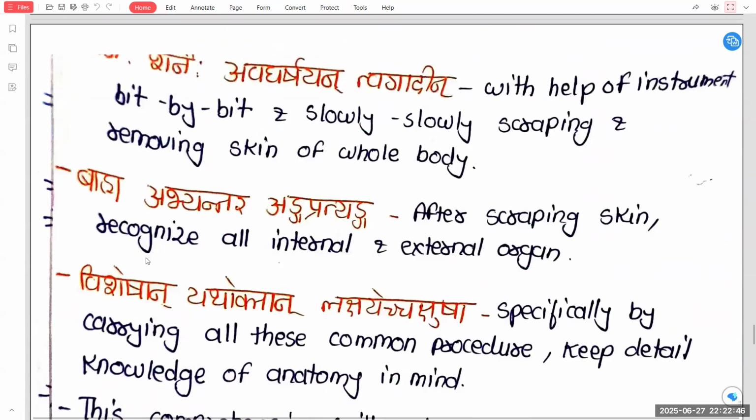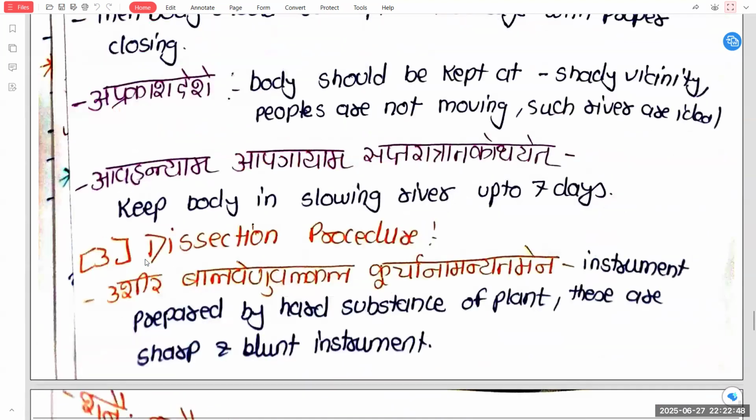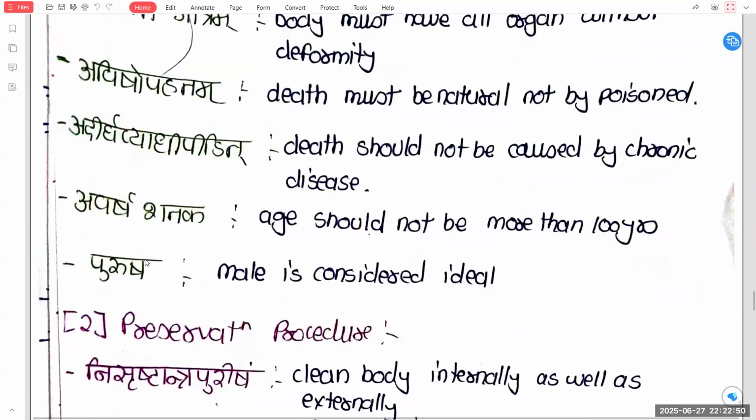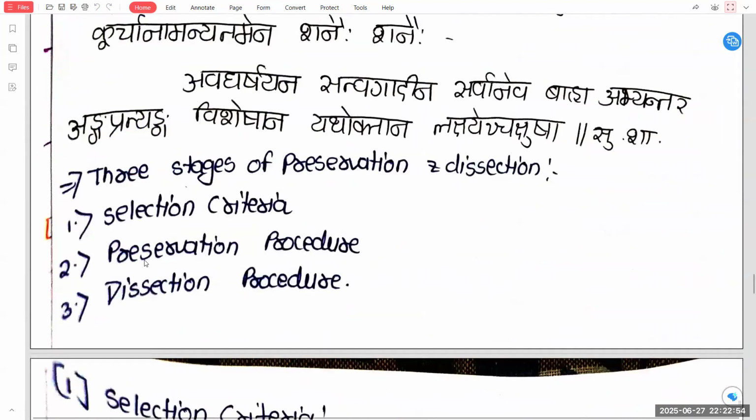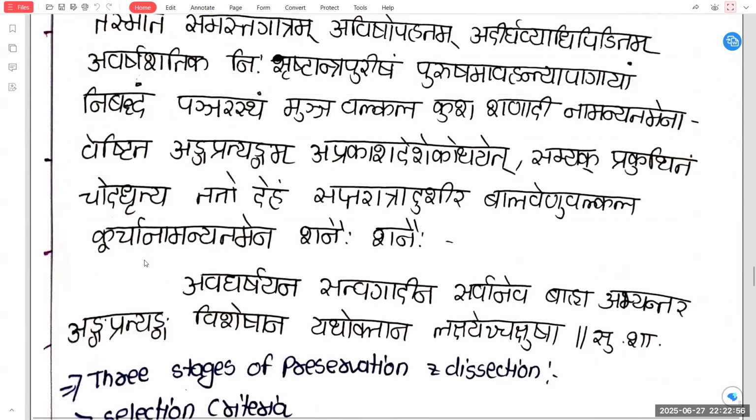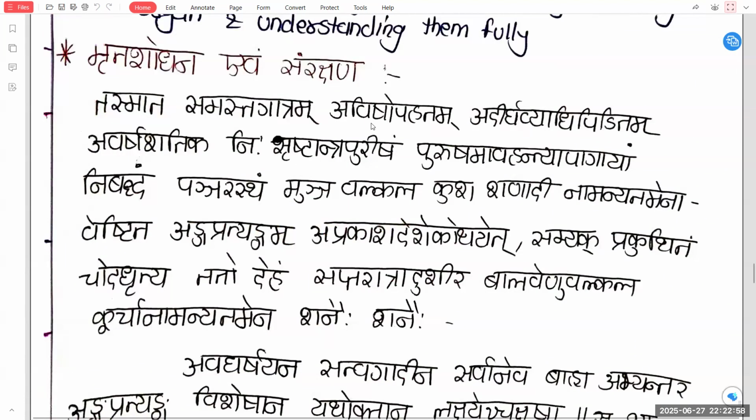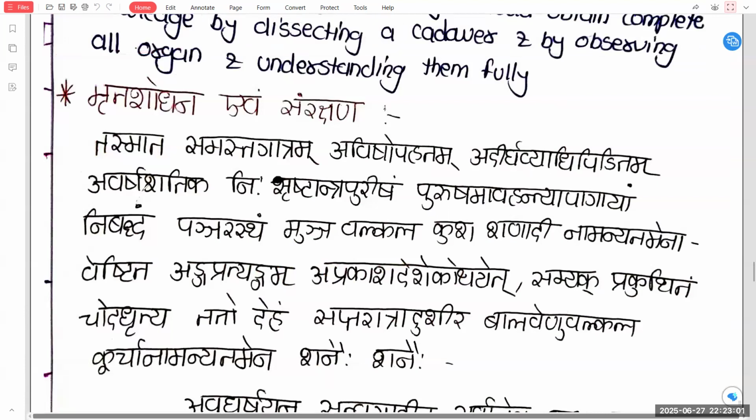So this is how a presentation should be when you are asked a short answer question about either the preservation procedure or dissection procedure alone, or the whole Mrita Sharir Shanshodhan Evam Sanrakshan. So always read the question twice. If you are asked only Shanshodhan, then just describe the Shodhan part and not the preservation part.